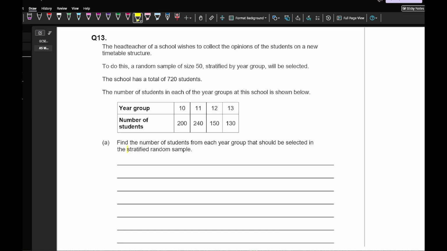So for this, we're looking at a stratified sample, and we're looking for a sample size of 50, and the total is 720. So all I need to do is first of all take each year group. I've got year 10 and there are 200 students, so that's 200 divided by 720, which is the proportion, and we multiply that by the sample size required.